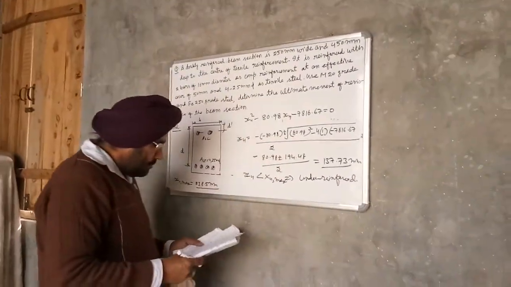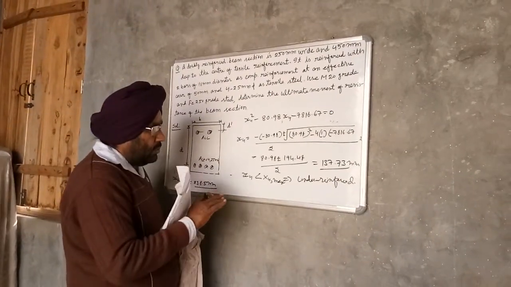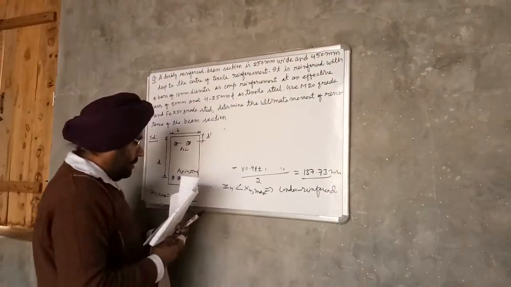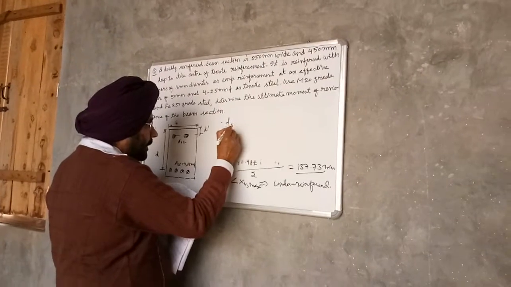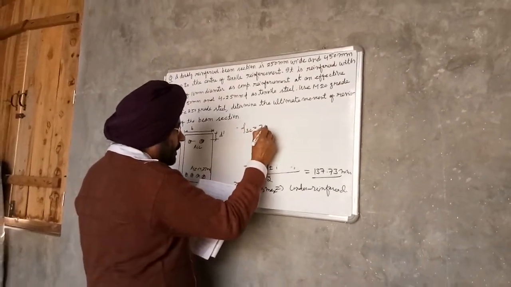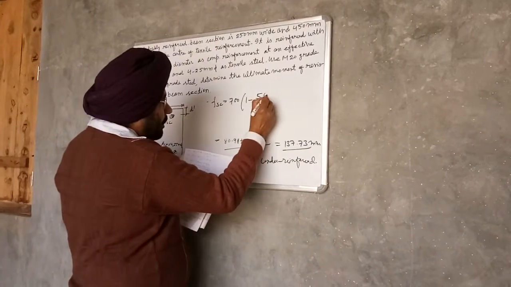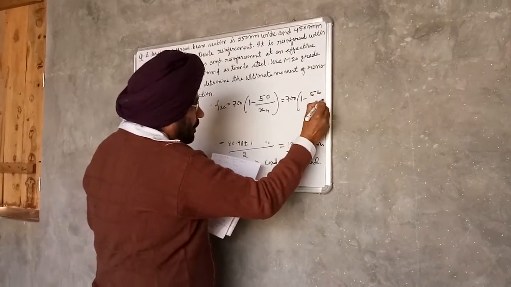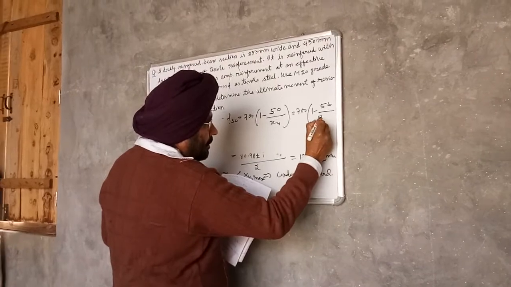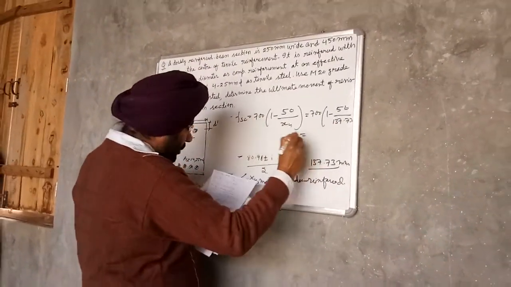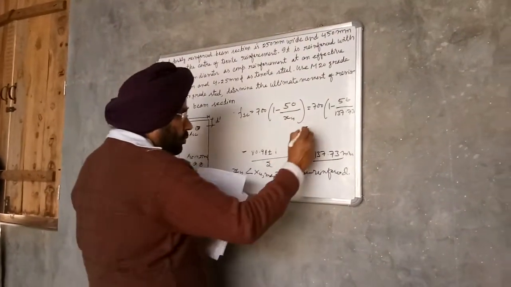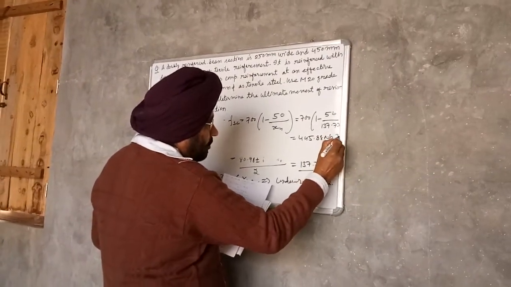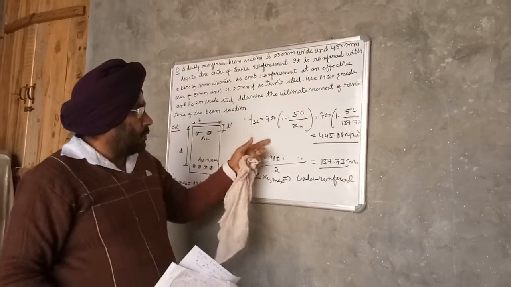Then FSC, which in the beginning we determined as 700 into 1 minus 50 upon XU, with XU equal to 137.73 gives 445.88 Newton per square millimeter.